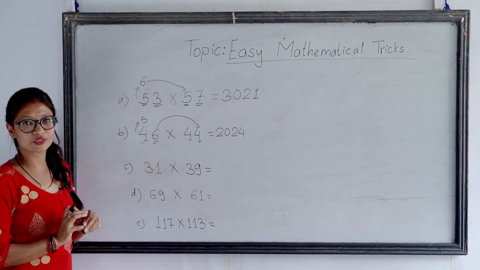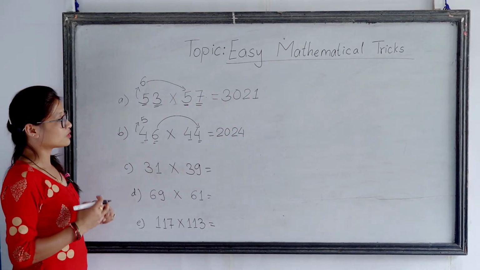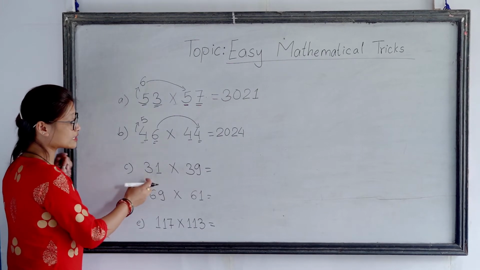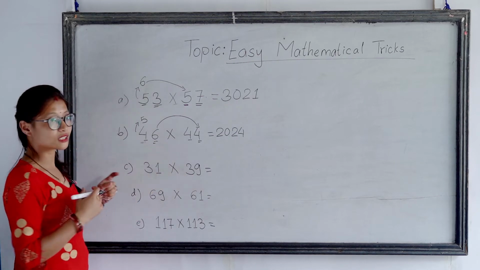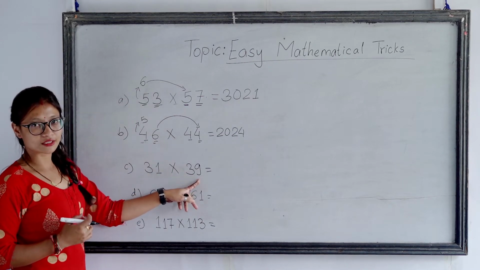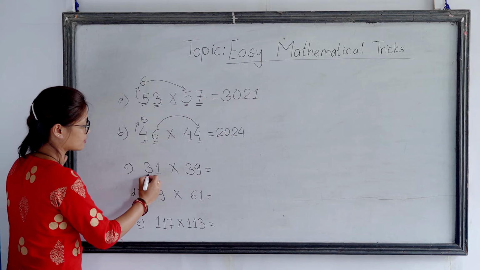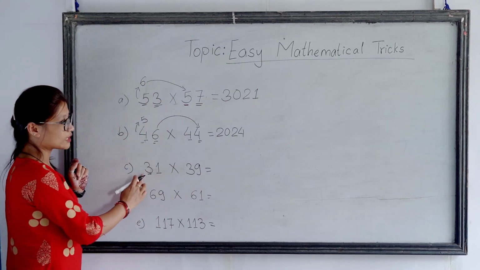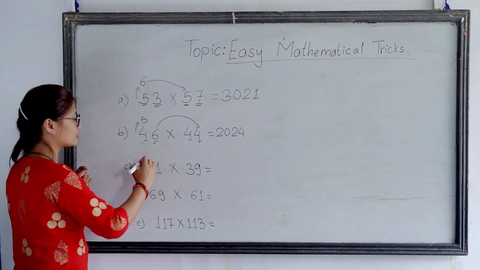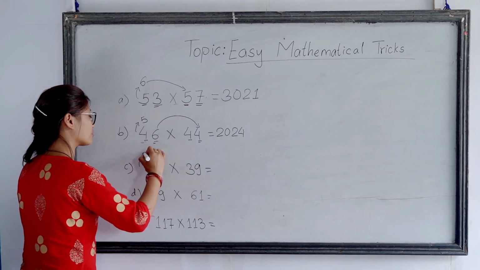Did you understand students? Okay, now next tell me what is the answer? 31 times 39. Okay, let's repeat the same trick. What comes after number 3? After number 3 comes 4.